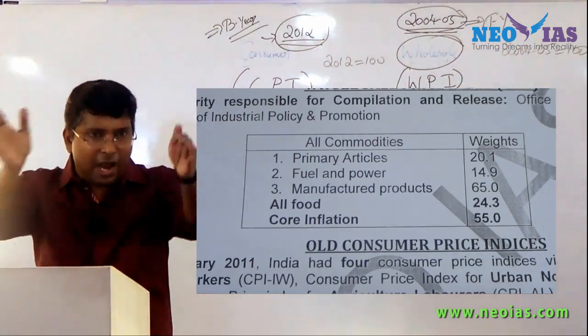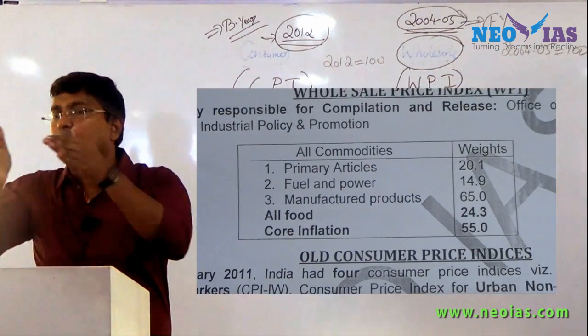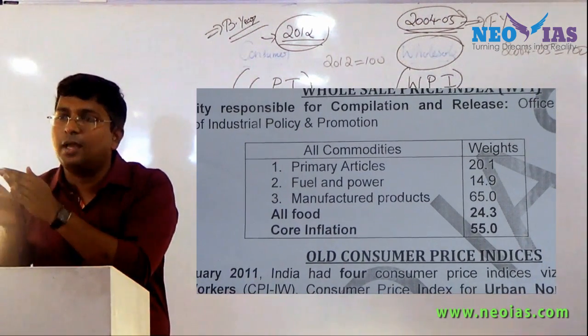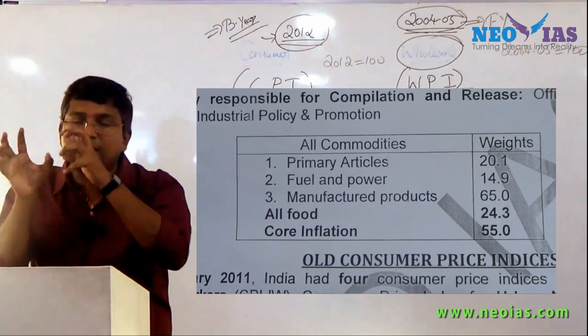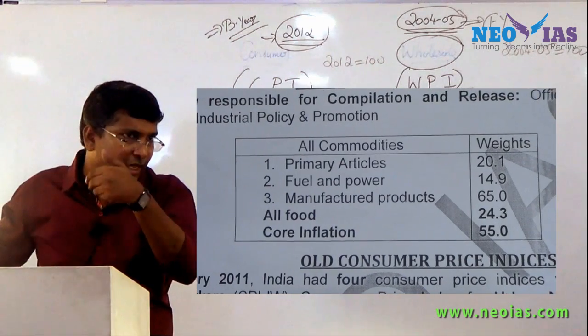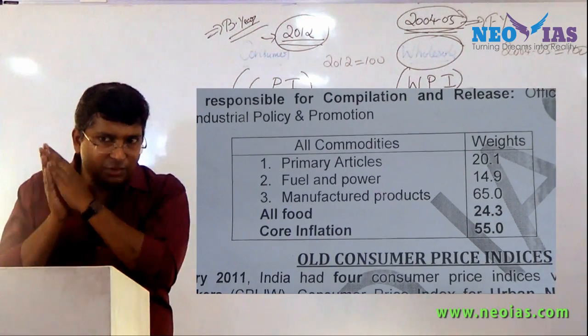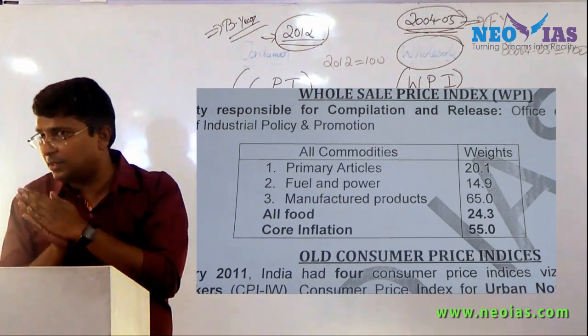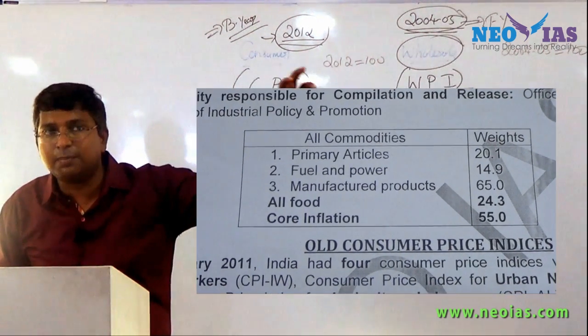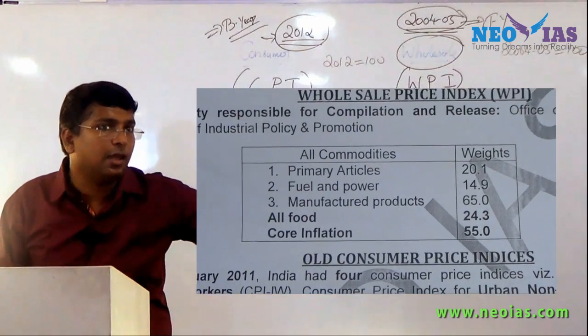So at both the places food items are there. So we take all the food items from both and give a common weightage, so the food items weightage under wholesale price index is 24.3. Why? Some items are in the primary articles, some items are in the manufactured products.